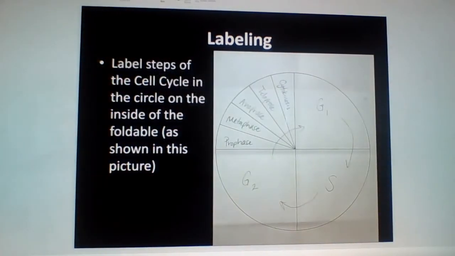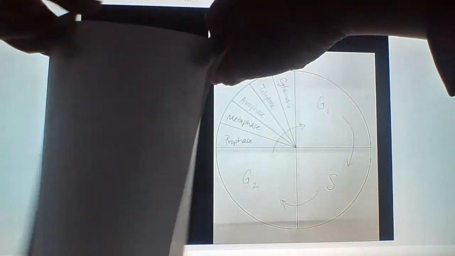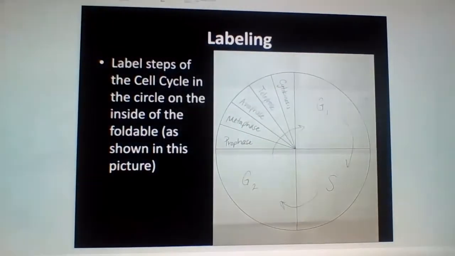Then on the inside, that's when you take the paper and you fold it. You unfold it. That's better. So it should look like this, 3 parts that are folded together. On the very middle section, you're making this drawing of the cell cycle.